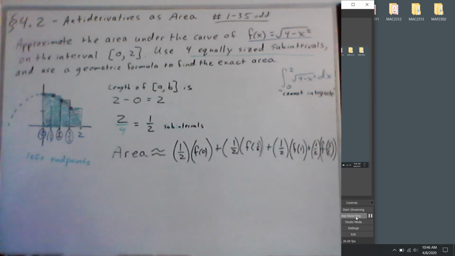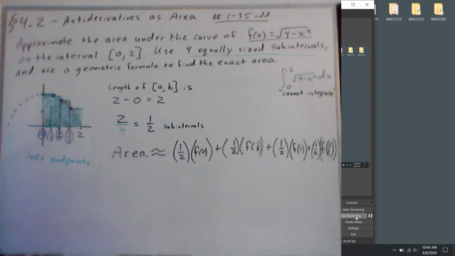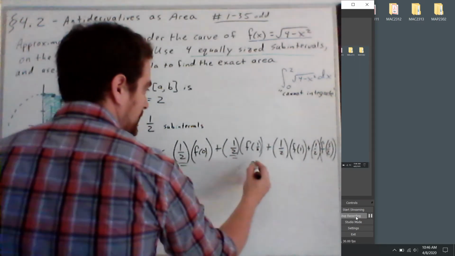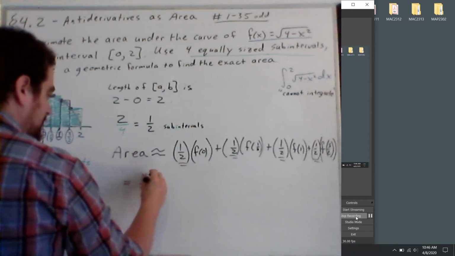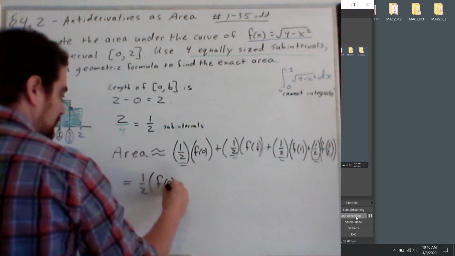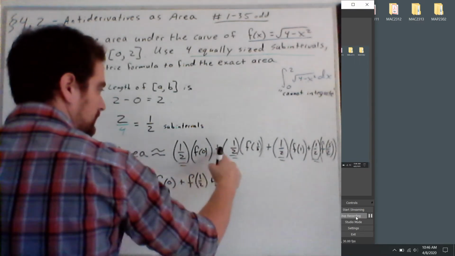Okay, so these are not going to be the nicest numbers, except maybe f of 0 is 2, because we can see it's the upper half of a circle with radius 2. But we can see that 1/2 is a common factor everywhere. So what we can do is factor out that 1/2 from each one of these terms.